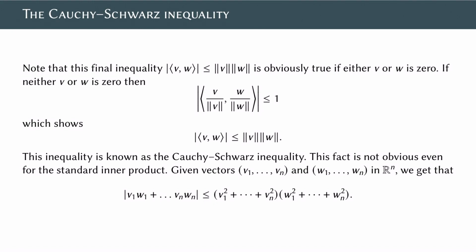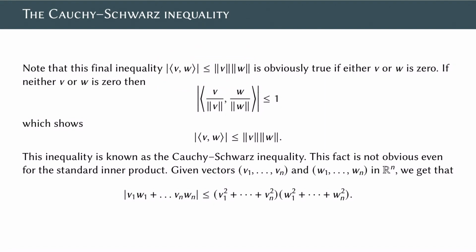Therefore, this inequality will obviously be true if one of v or w is 0. The left hand side will also be 0, because you can pull the scalar 0 outside and show that whenever you take the inner product of a vector v with 0, you get 0. So this inequality is true for obvious reasons when one of the vectors is 0.